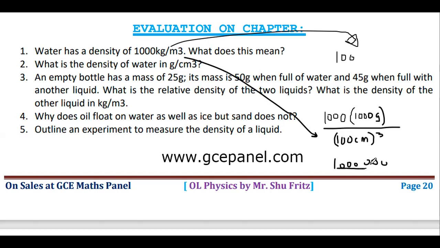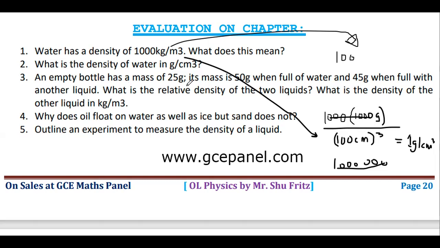Now these 6 zeros cancel with the 6 zeros in the numerator, and my answer will be 1 gram per cm cube. This is the density of water in gram per cm cube. So the density of water is either 1000 kilogram per cubic meter or 1 gram per cubic centimeter.